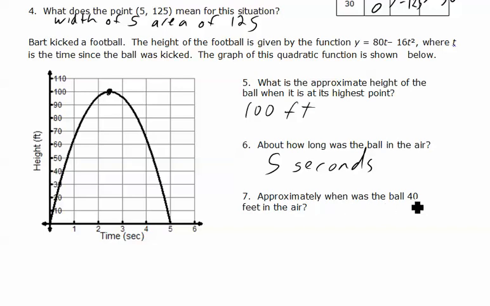And approximately, when was the ball 40 feet in the air? So if we come up here to 40, do you see that it's two different times it was 40? It was 40 feet in the air on the way up, and it was 40 feet in the air on the way down. So it was at 40 at about 0.5 seconds and at 4.5 seconds.